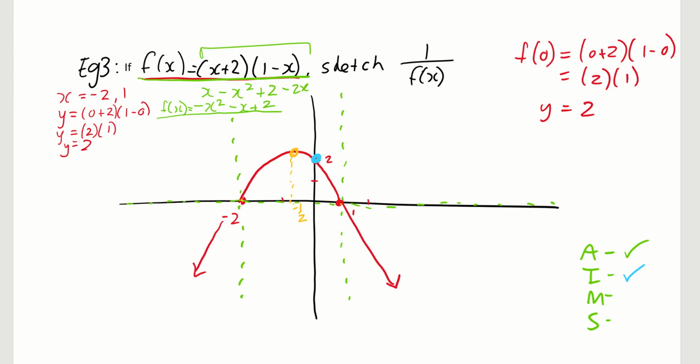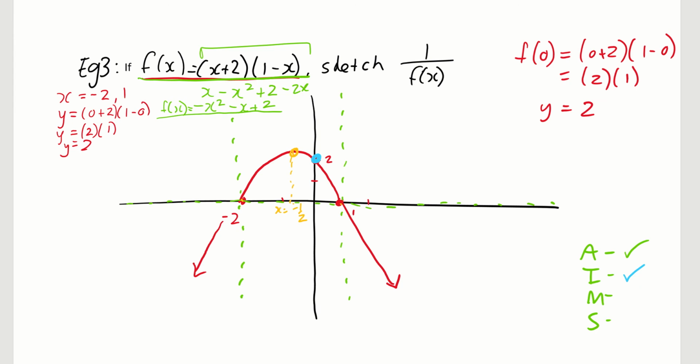So I know there's a maximum at the x value of -1/2. Remember in the characteristics I said the maximum has the same x value, but it will have a different y value. So let's see where my new minimum is going to occur, because this maximum turns into a minimum.